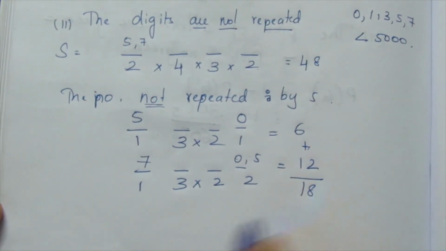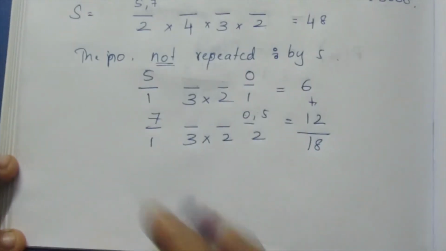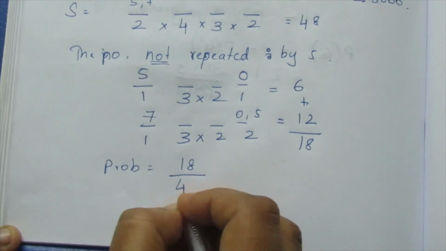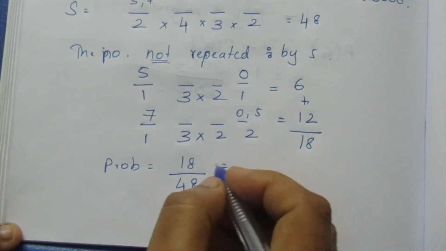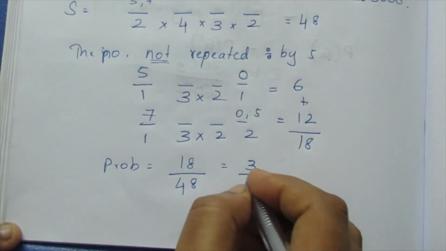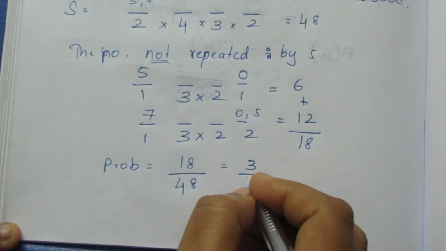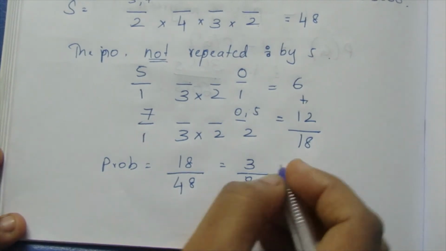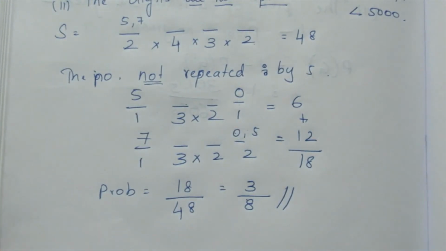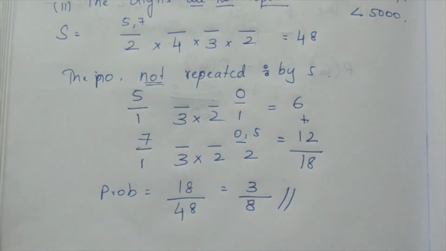This should be added, not multiplied. Now probability is 18 by 48. 6 3s are 18, 6 8s are 48. So 3 by 8 is your final answer for the second subdivision. That's all with the sum. Thank you.